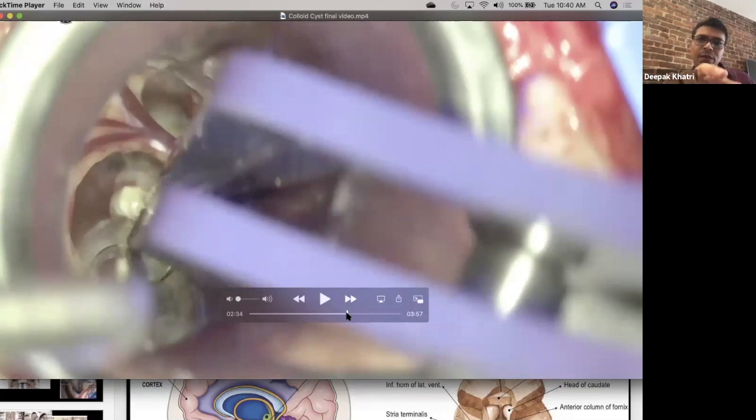So when you apply the bipolar cautery to the tumor, it increases the temperature and coagulates the surface. It shrinks down the size of the tumor and it helps in hemostasis. These are the important functions of the cautery.